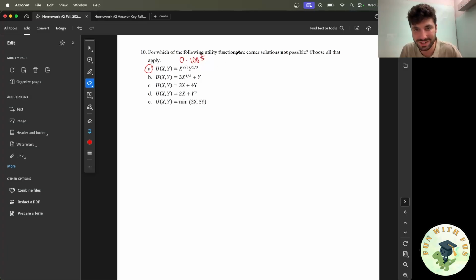So corner solutions for Cobb-Douglas are just never possible. For perfect substitutes, we just talked about how we always get corner solutions there, so that's not an issue.